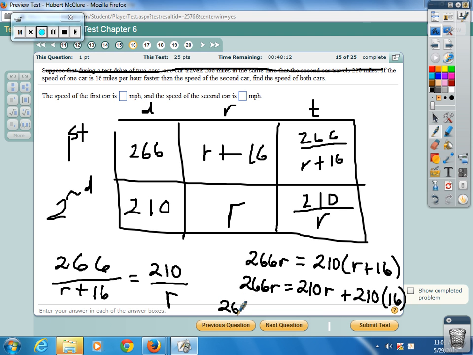That's 266R minus 210R is equal to, what did I say it was, 160? Okay, I forgot what I said. So 3,200. No, it should be 3360. 15 times 16? Is it 3360?